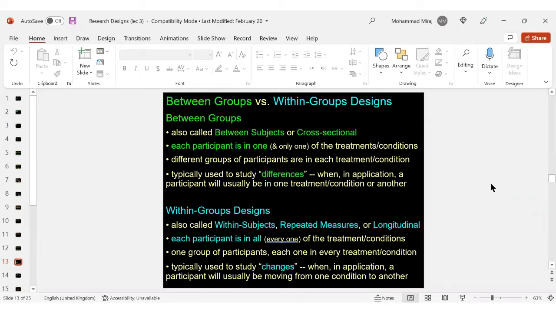And when we say within group design, is it clear? The cross-sectional study is clear to everyone? Yes, sir. Okay. And what is within group design?